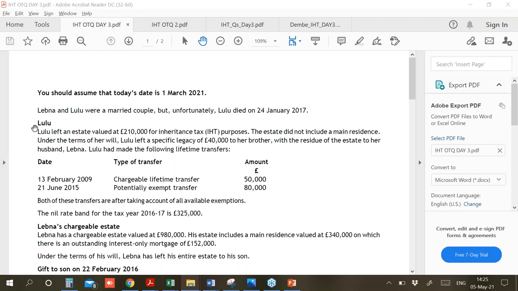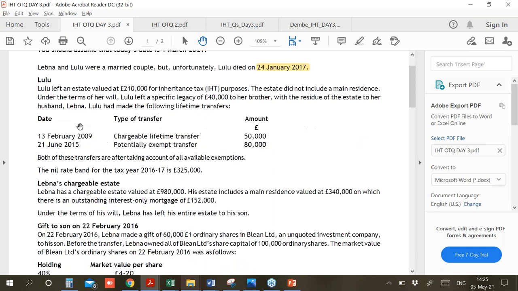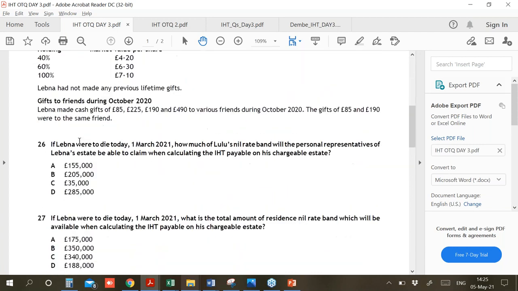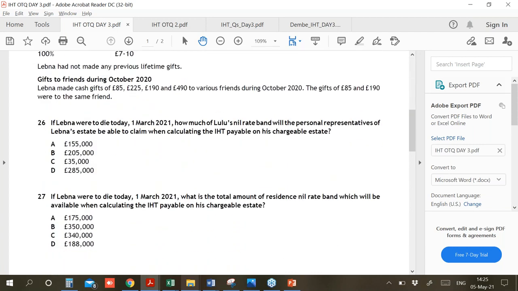Do remember that of the two, Lulu has died, and the date of death is always important. It is 24 January 2017. By just reading the preface of the question, I will now read the requirements first so that I can see what things I should be looking for while reading the scenario.